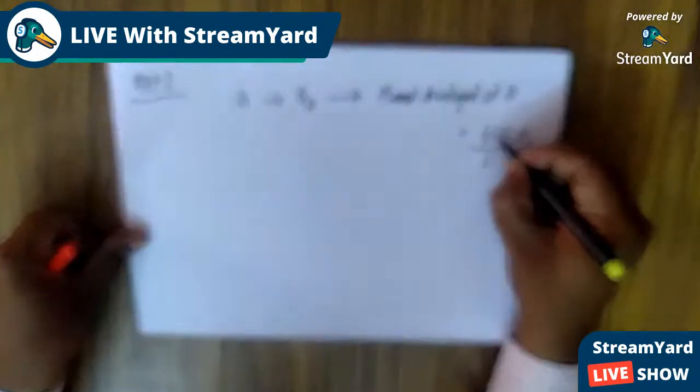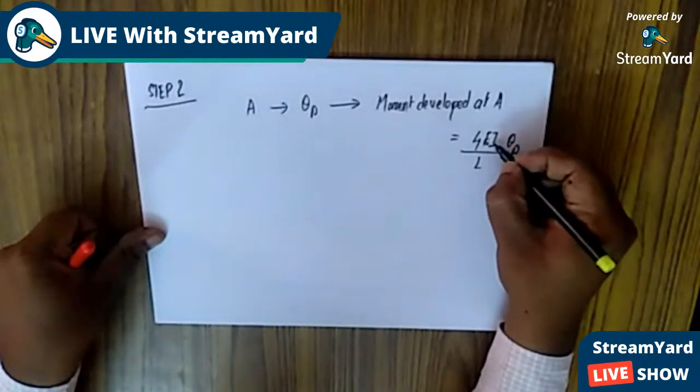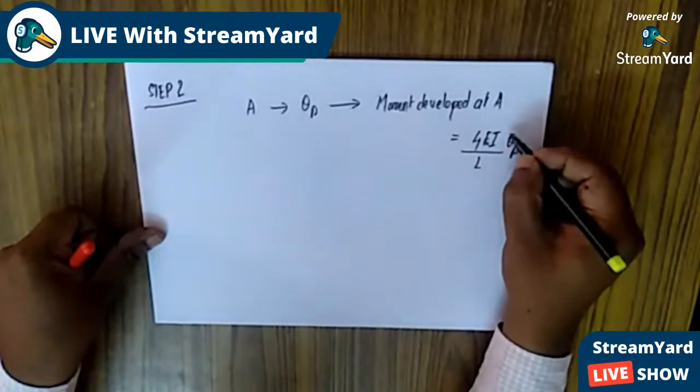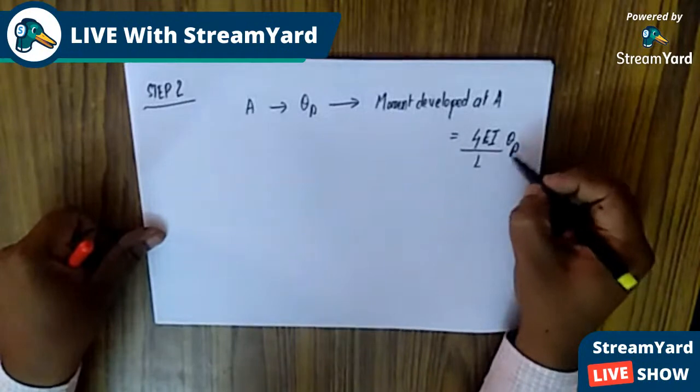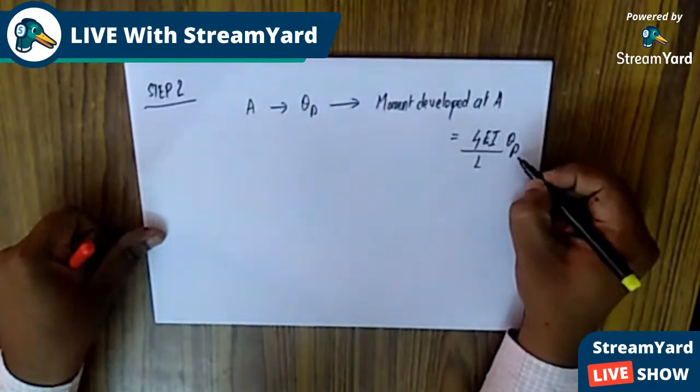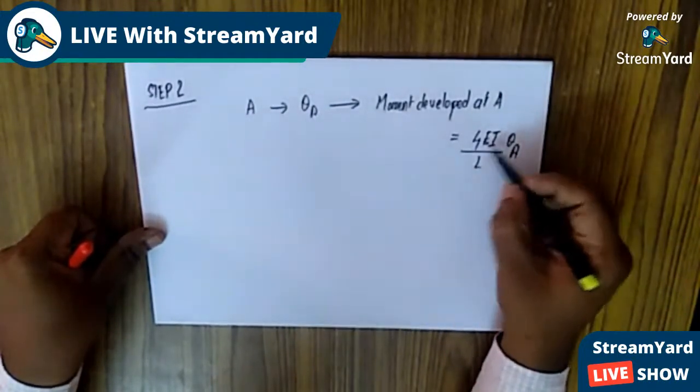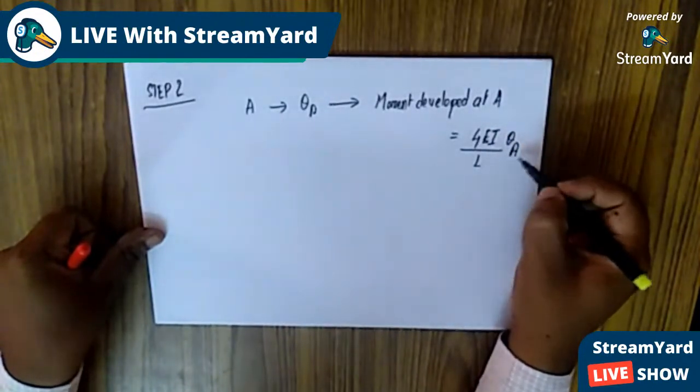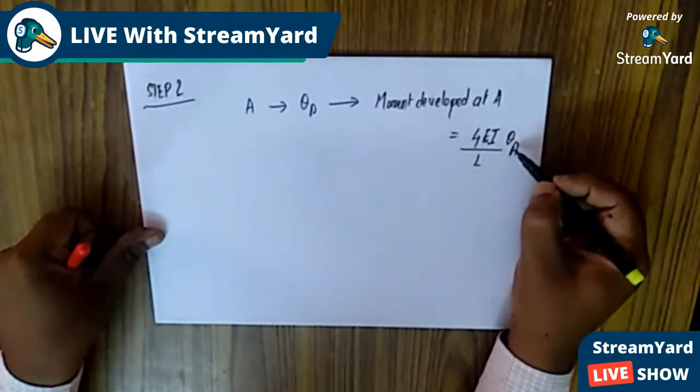This is the basic fundamental formula of structural analysis: the moment generated due to the rotation at a particular end is 4EI upon L multiplied by the corresponding rotation.